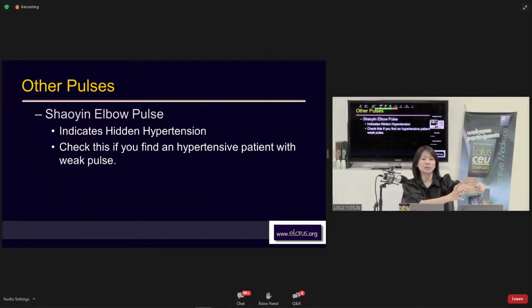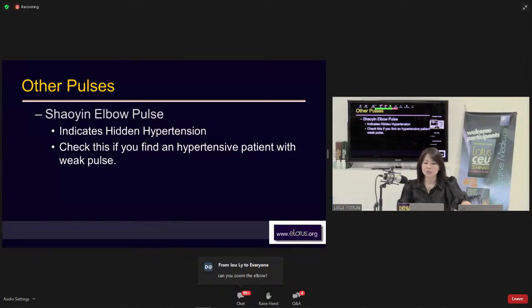And usually in such a case, you will find a very thick and strong forceful pulse here. What that means is this patient has a lot of stagnation. So the blood flow from the heart coming out to the arm is still very strong here, but it's blocked. The peripheral circulation is so bad that it feels weak. However, the patient has high blood pressure.